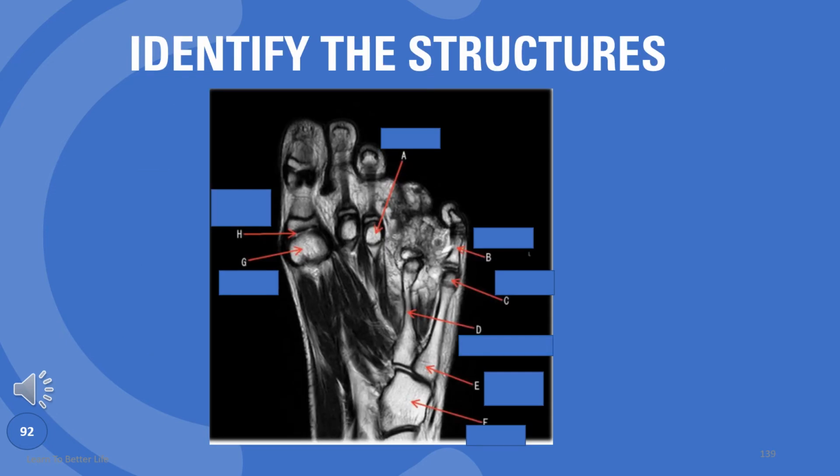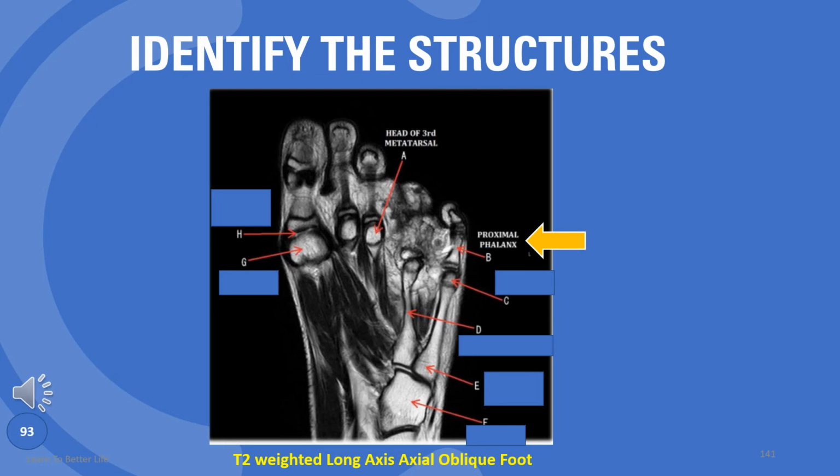Now let's learn the front parts of the foot. A, head of the third metatarsal. B, proximal phalanx. C, head of the fifth metatarsal. D, shaft of the metatarsal.